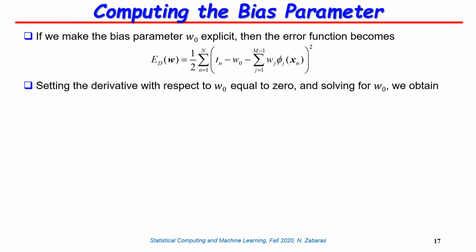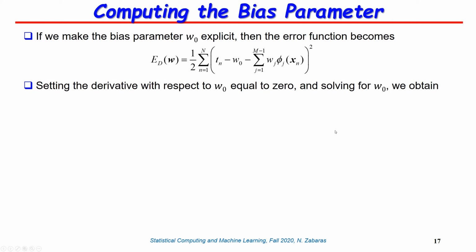And the first thing we can do is, can we optimize this error function that you see on the top directly in terms of W0? And what I have done here is nothing else but basically split my regression function into a term that is the bias term, and then all the other terms together. So you notice my summations here start from j equal to 1.